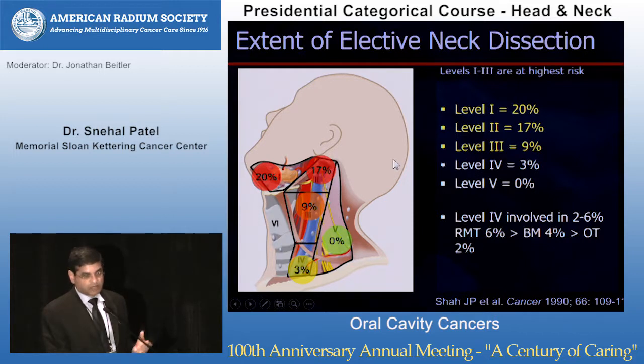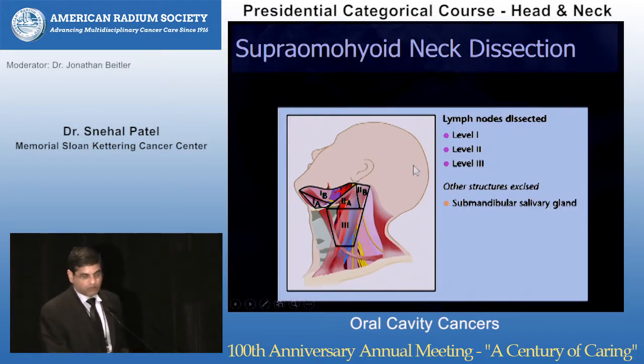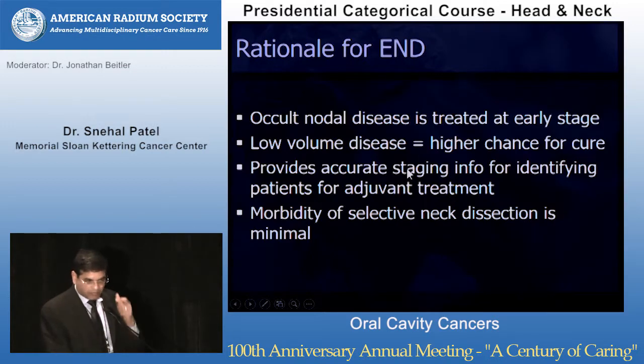So that's what you target in a supraomohyoid or a selective neck dissection that takes out levels 1, 2, and 3 as an elective operation. And the rationale is that if you catch these clinically occult nodal metastases at an early stage, you have a lower volume of disease and you have a higher chance of cure.